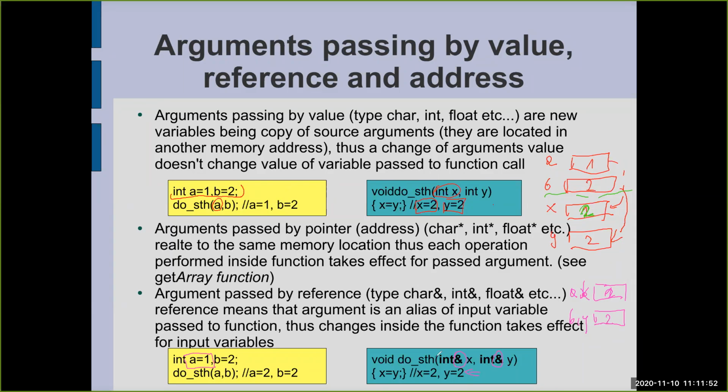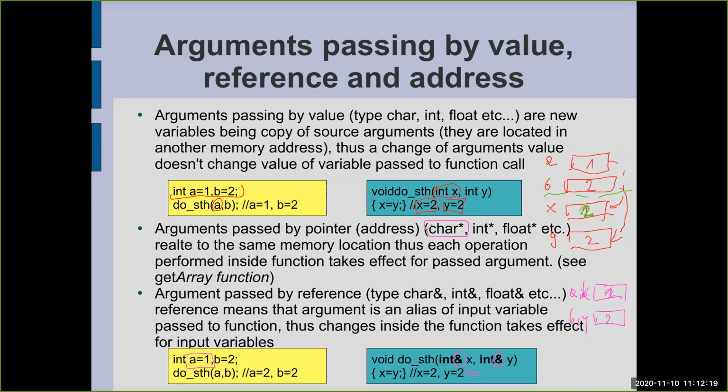In this case, we say that the arguments are passed by reference. So in this case, x is a reference to a. So it shares the same memory as a has.